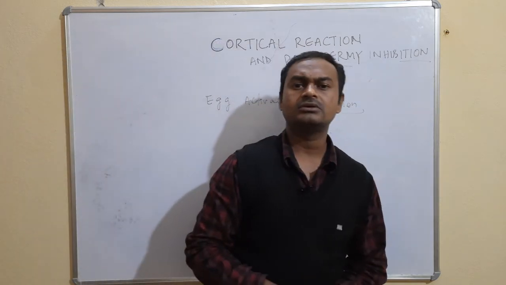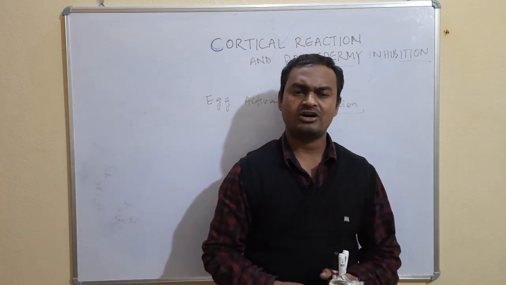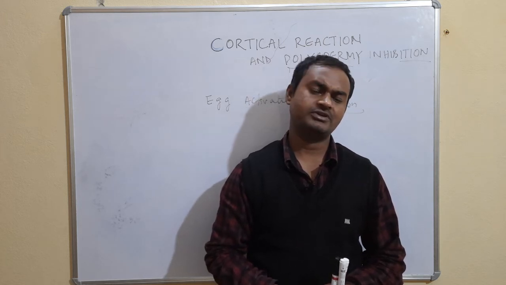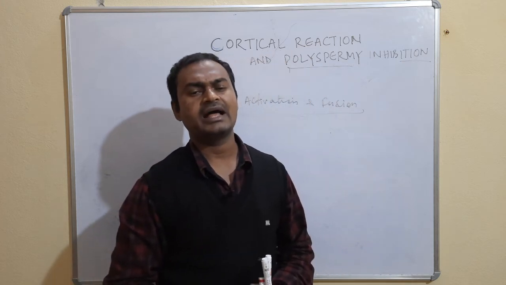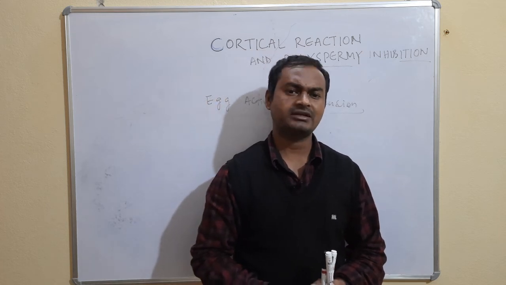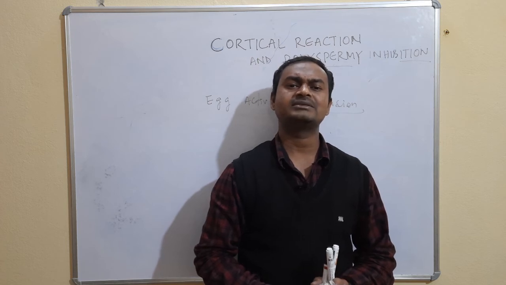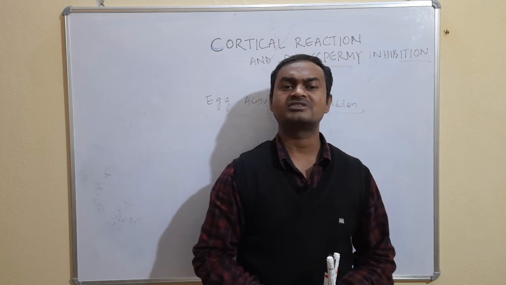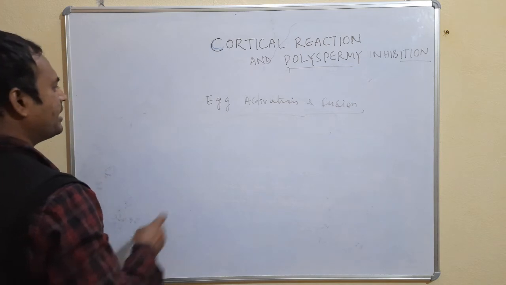Okay, the sperm reaches the cytoplasm of the egg, and what happens thereafter? There is a surge of calcium ion, and this calcium-mediated MAP kinase inactivation occurs, and this MAP kinase inactivation will lead to the degradation of cyclin B and the saccharine.